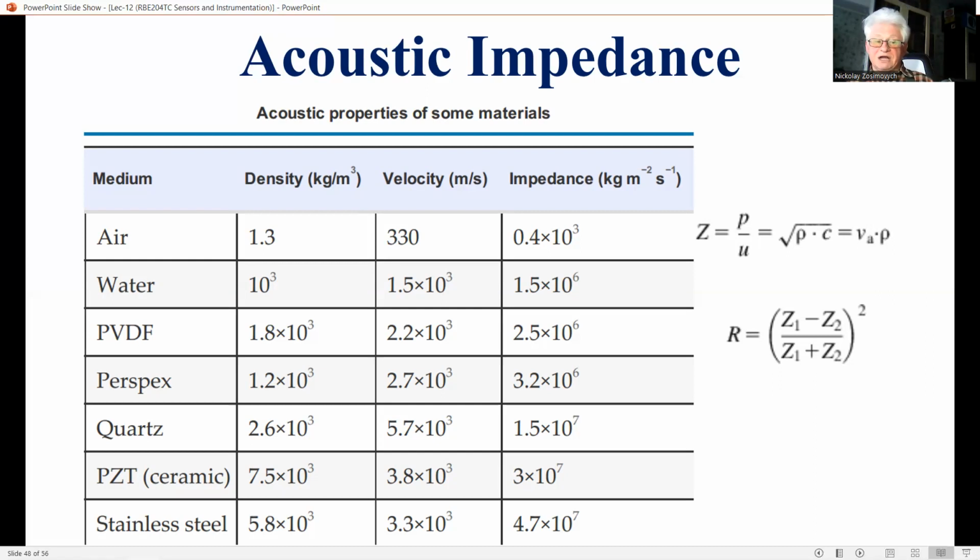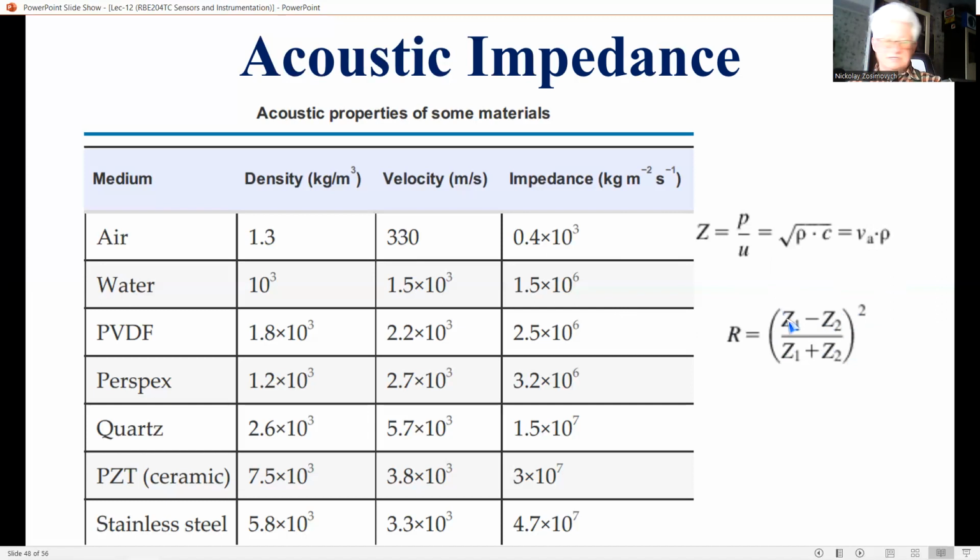In the special case of a wave perpendicular to the boundary plane, the ratio between reflected and incident power is given by this formula: R equals Z1 minus Z2 over Z1 plus Z2, all to the power 2.